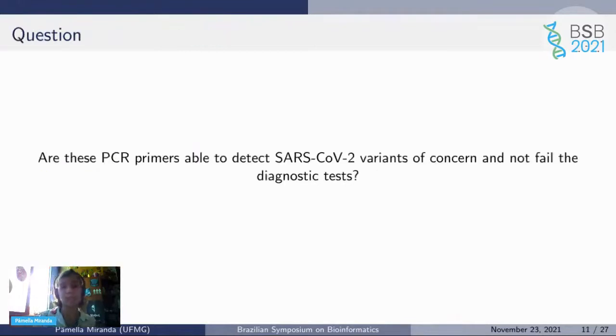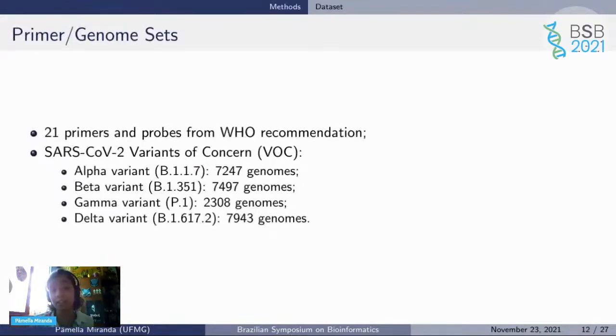So from this, our question is, are these PCR primers able to detect SARS-CoV-2 variants of concern and not fail the diagnostic tests? To investigate it, we collected 21 primers and probes from WHO protocols designed in the early pandemic, and genomes of variants of concern that have been classified so far.